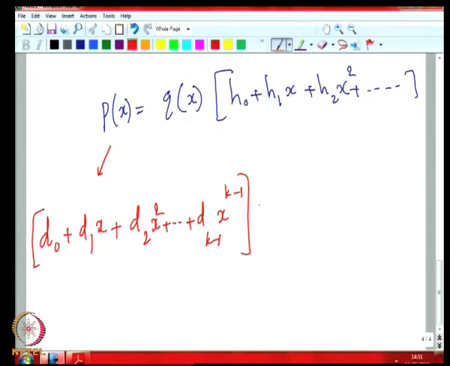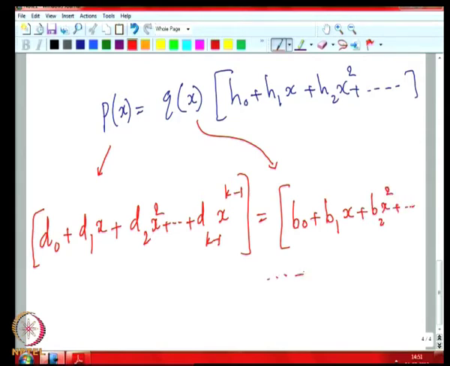Then let q of x be equal to b0 plus b1 x plus b2 x square plus and so on up to bk x raised to k. Here q of x is a polynomial of degree k, so bk is non-zero, and also we have the assumption that b0 is non-zero. This is what we know.